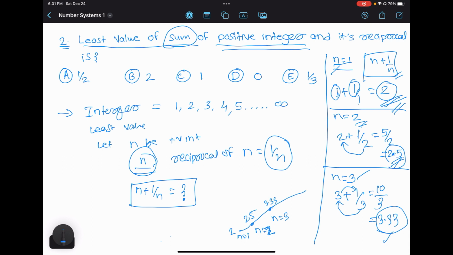So we can assume its value will keep increasing, and so we can say the least value is 2, because they asked us for the least value. So the answer is 2. Thank you.